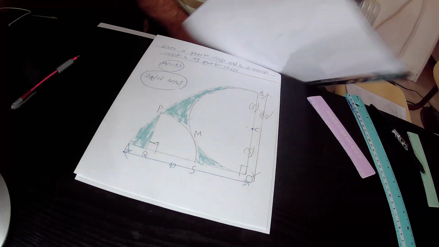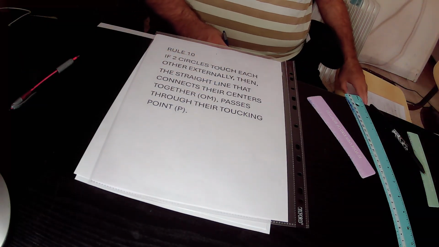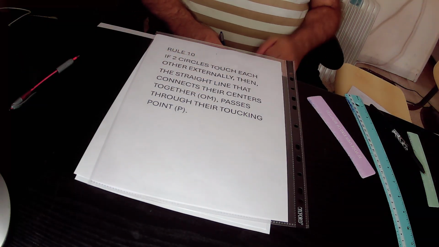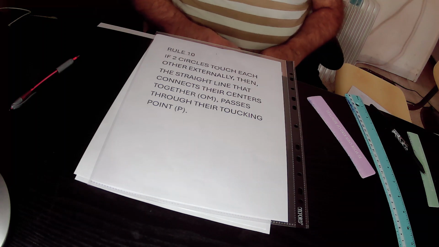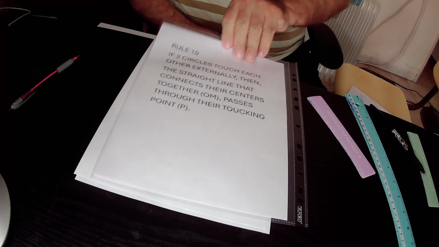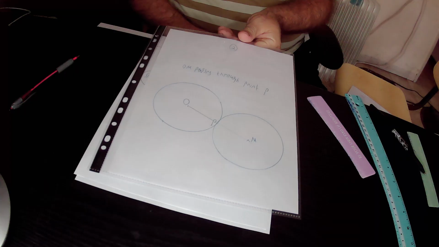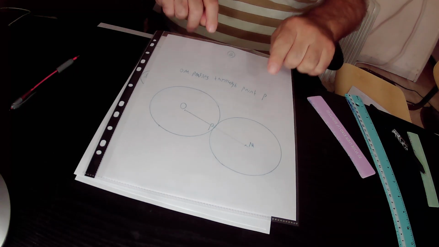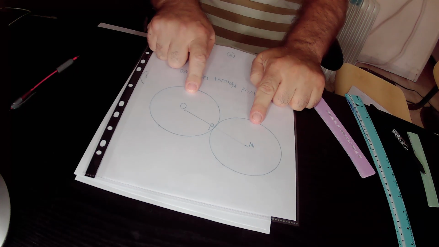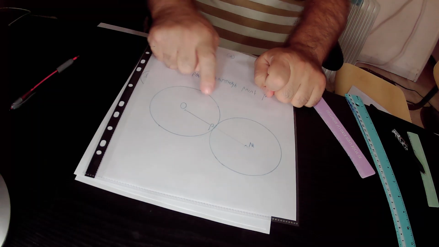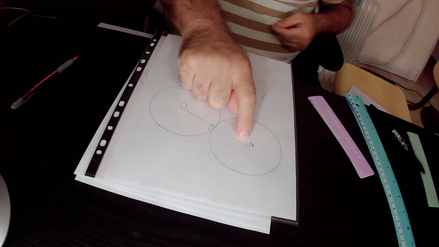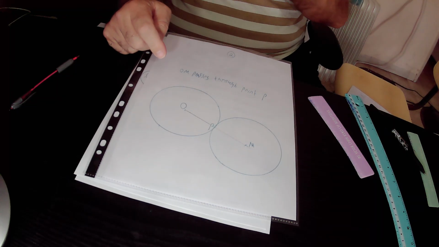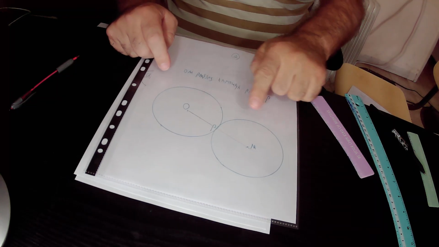According to rule 10, if two circles touch each other externally, then the straight line that connects their centers together passes through their touching point. In the drawing, we have those two circles that touch each other externally, at this point P. The center of this circle is at point O. The center of this circle is at point M. The straight line that connects the centers together is of course the straight line OM.